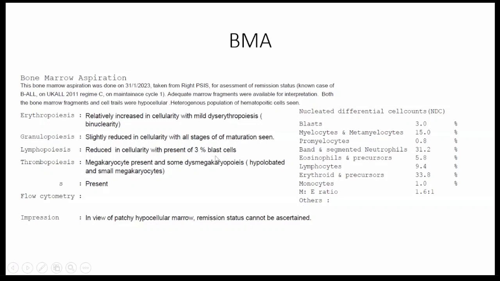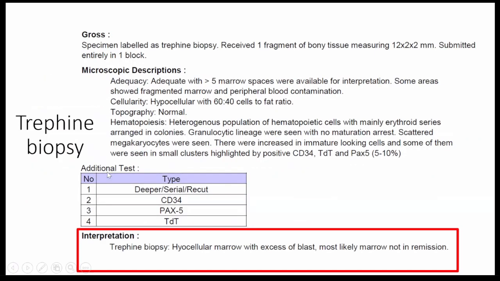But within this hypocellular marrow, the blast is around 3%. Based on the trephine, as there was an increase of these immature-looking cells, although they follow a hematogone pattern, we concluded that the marrow was most likely not in remission.